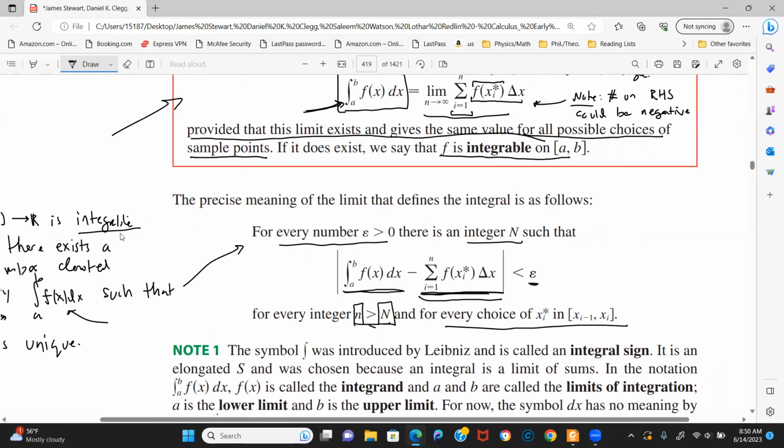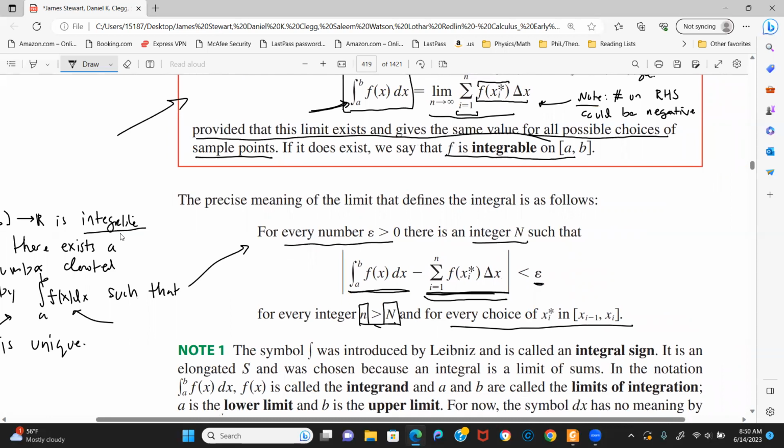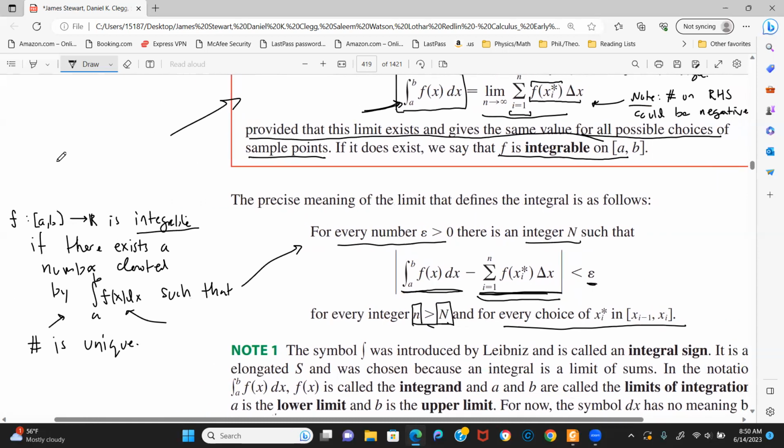So this is a super complicated definition, and I don't expect you to be able to understand this immediately, and that's perfectly fine. This is definitely something that takes a lot to understand. There's a whole course you take called real analysis, and basically the whole course is devoted to trying to understand this definition, make sense of it, and prove things about it.